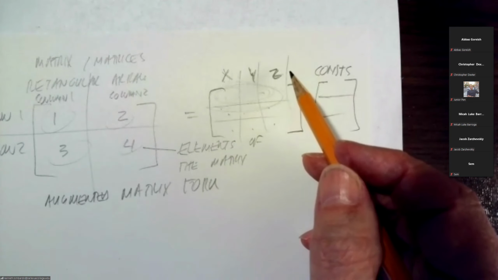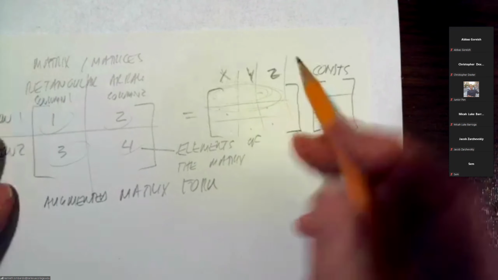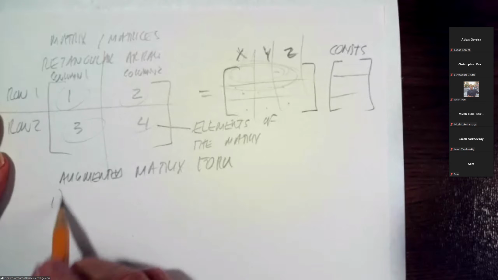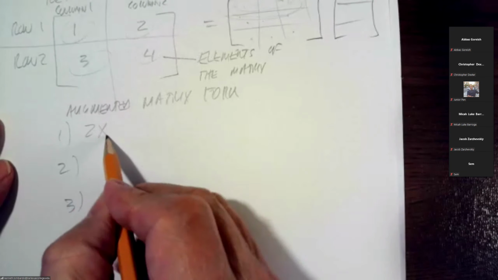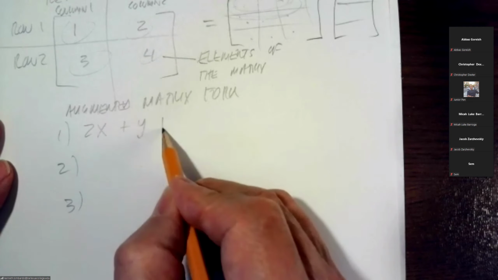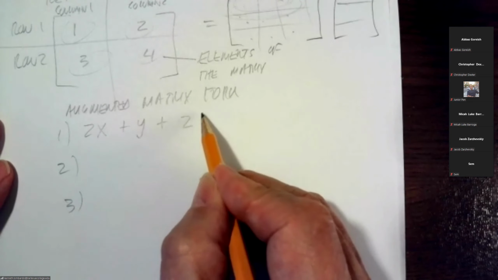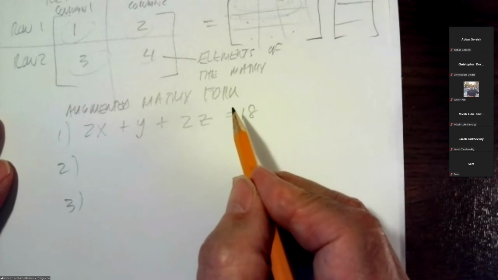So for an example, if I had a set of equations, 3 equations, and maybe I say 2x plus y plus 2z equals 18. Maybe that's one equation.